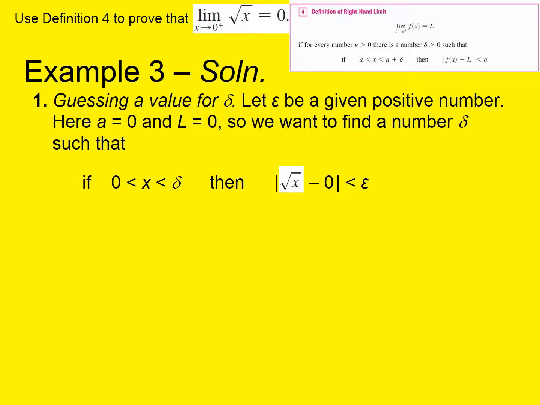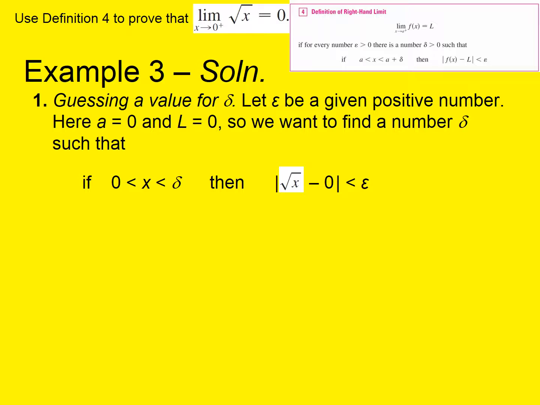Okay, so we have to get a delta. Now this is not a linear function, so it's not just a simple matter of dividing epsilon by the coefficient of x in the linear function. We've got a nonlinear function here, a square rooting function. Maybe you have an intuition about what delta is going to be.